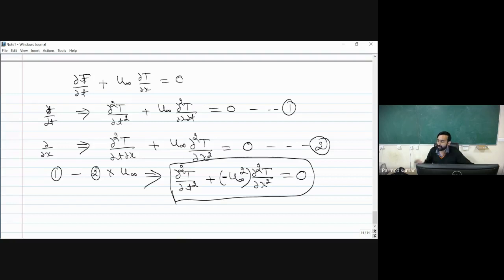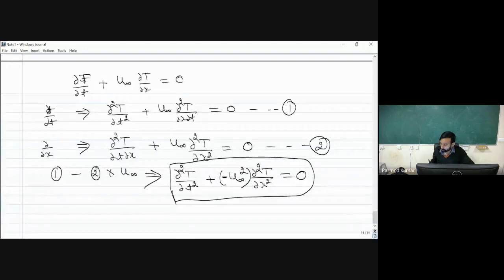Once we find the two different eigenvalues, we will be correctly able to find out the nature of the equation. This is a very important point you should take care of while classifying governing equations. We should not immediately jump to a conclusion.